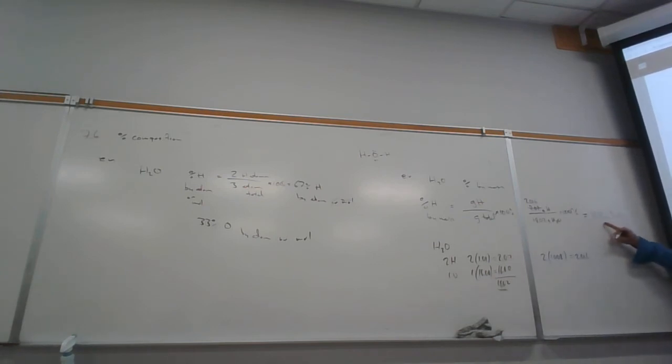If water is 11.187% hydrogen, then the percent oxygen we can calculate because they have to add up to 100. And so the percent oxygen by mass has to be 100 minus that, which is going to be 88.813% oxygen.